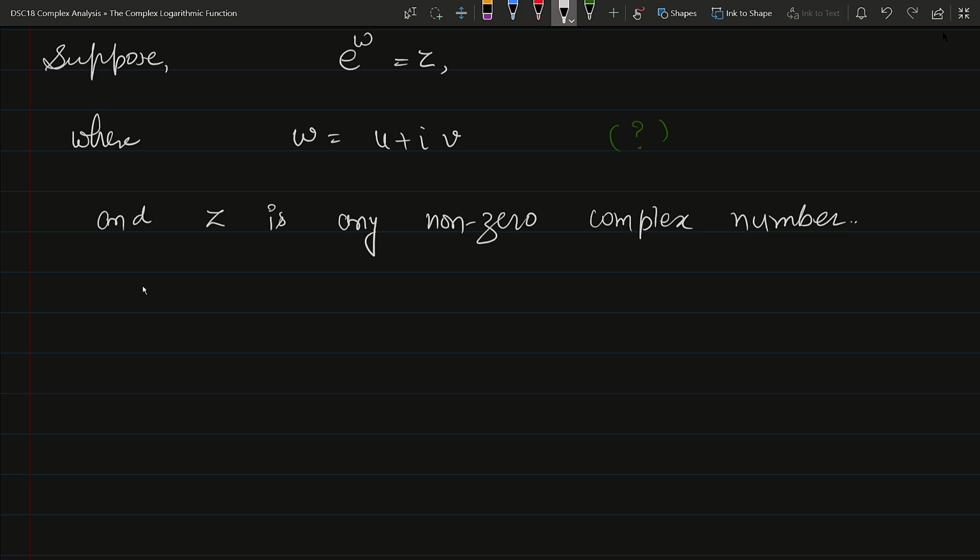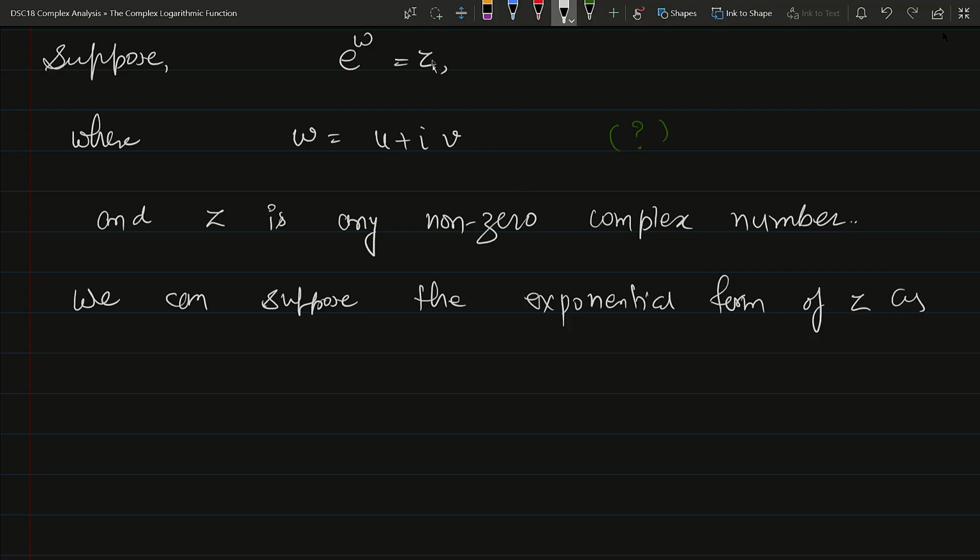Now from the polar form, or the exponential form, we can say that z can have this form. Okay, so we can suppose the exponential form of z as, let me call this equation number 1, this is equation number 2, this w को ही हमें आइडेंटिफाई करना है. ओके, and we are writing this as z is equal to r e to the power iota capital theta.